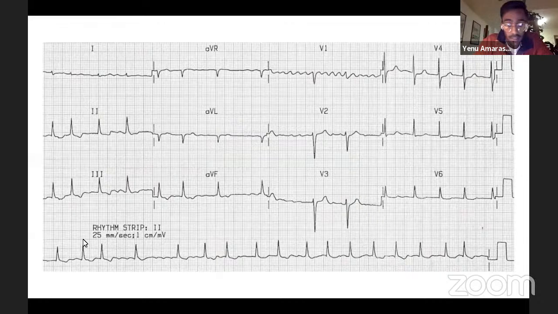Yeah, so again, you have lead 2 running at the bottom, and the speed at which it's running is also given.